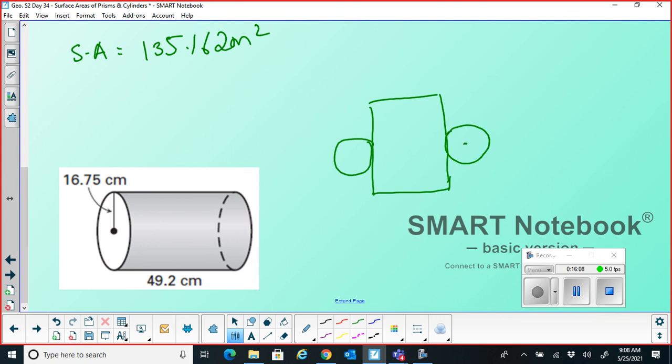The radius of this circle is 16.75 centimeter, and this also is the same 16.75 centimeter. They have given 49.2 as one of the lengths of the rectangle, and the width we can find using this.